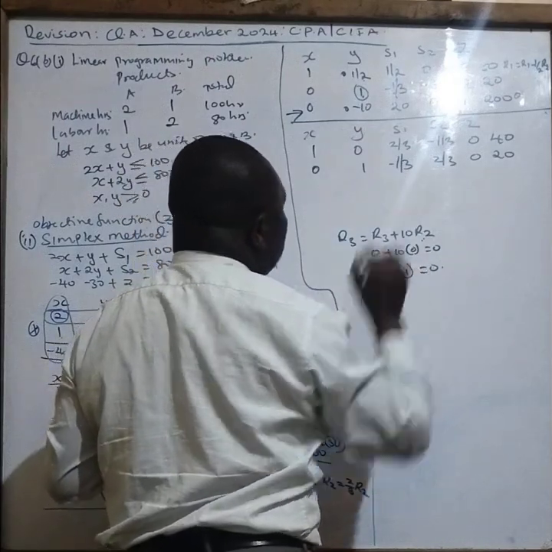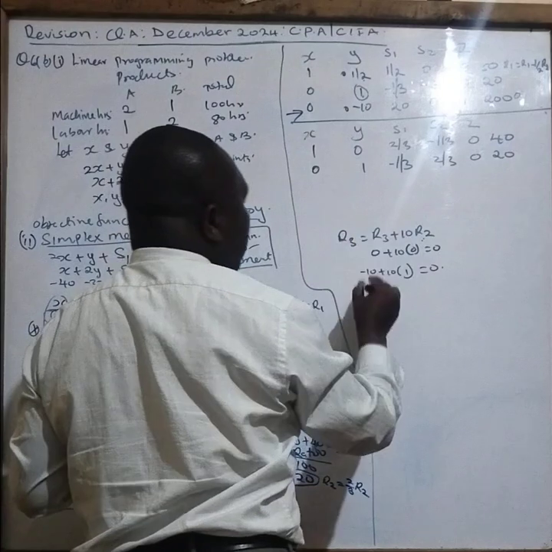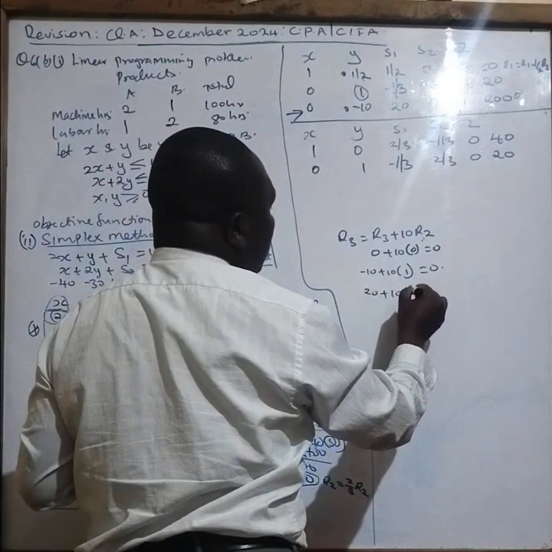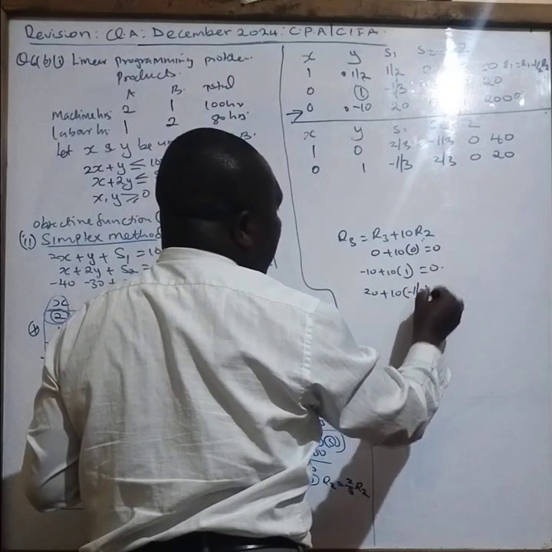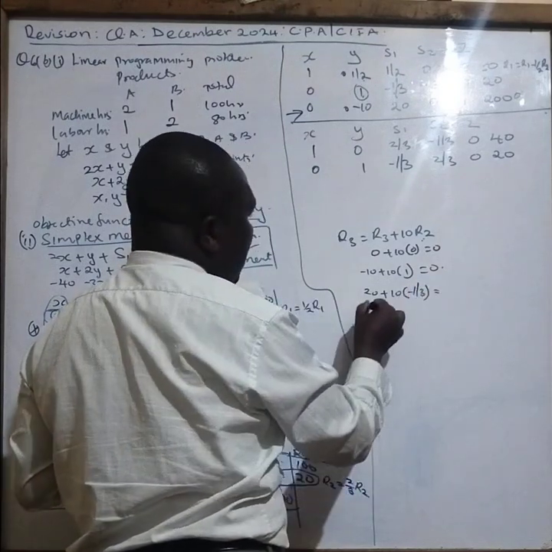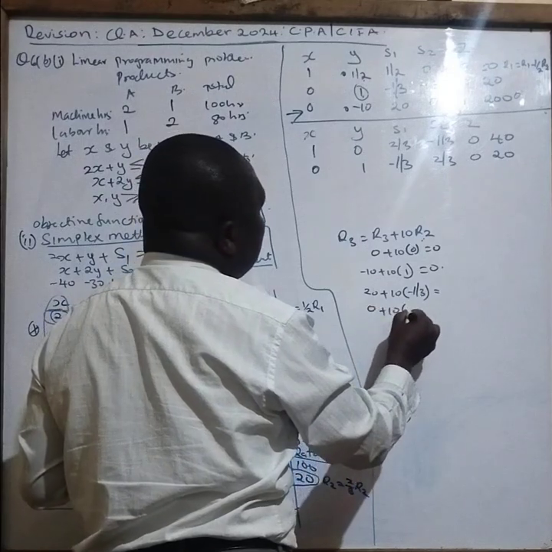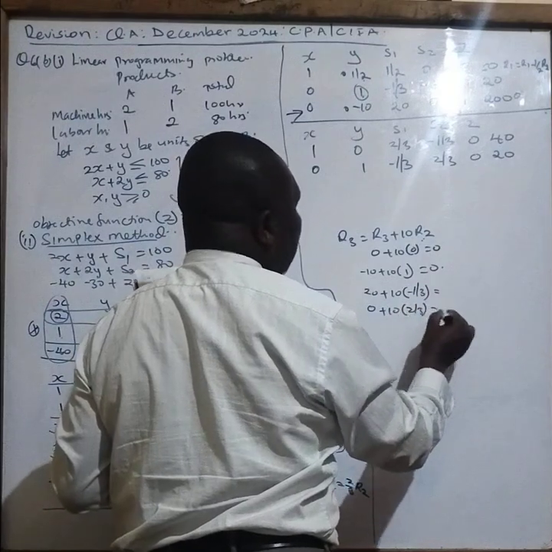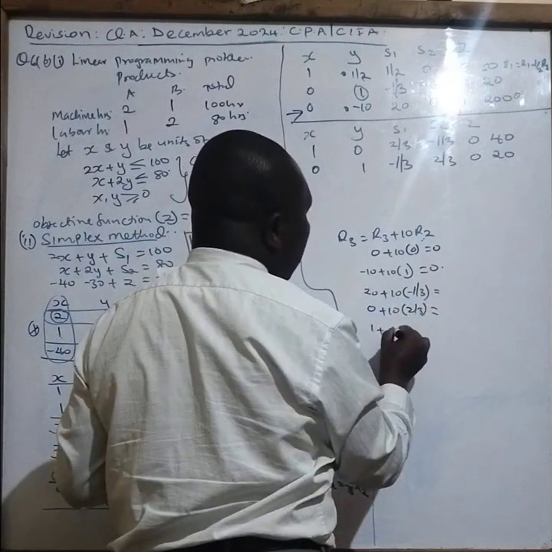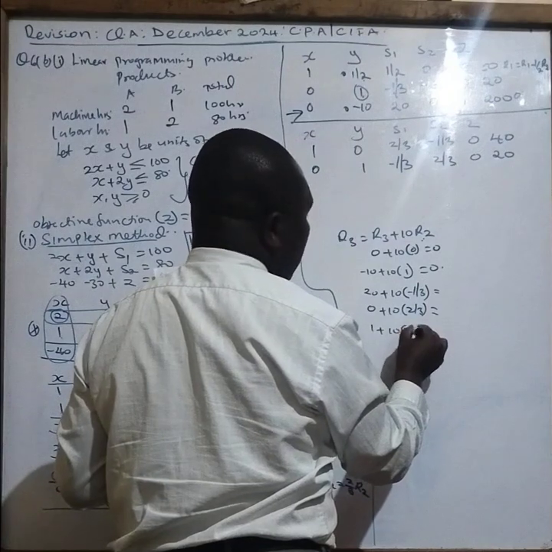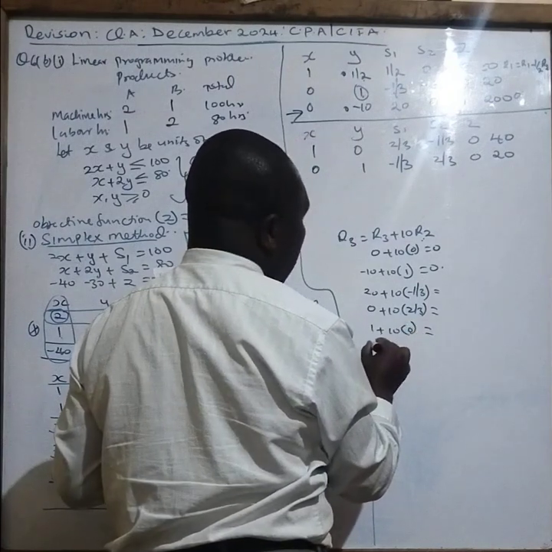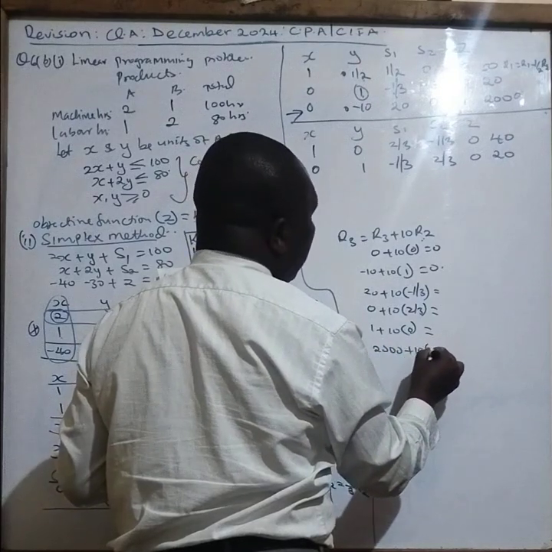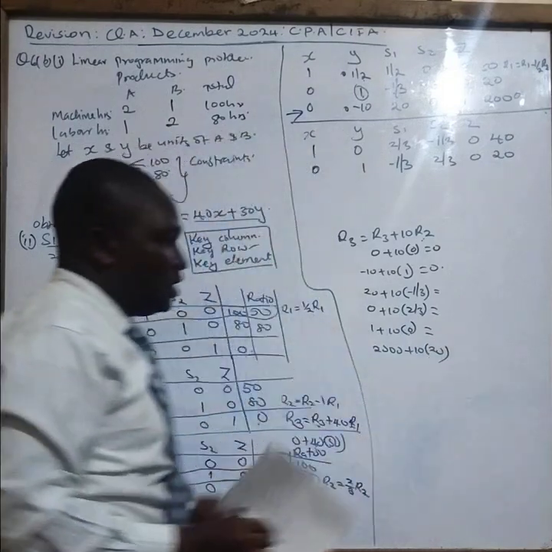You get 0. You come here, you say now 20 plus 10 into r2, which is negative a third. You get the answer. Then you say now 0 plus 10 into 2 over 3, you get the answer. Then you say now 1 plus 10 into 0, you get the answer. Then you say now 2000 plus 10 into brackets 20, you get the answer.